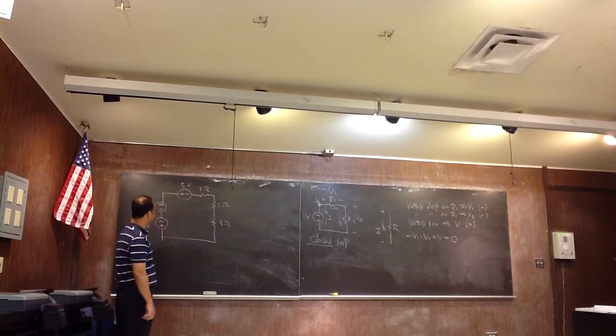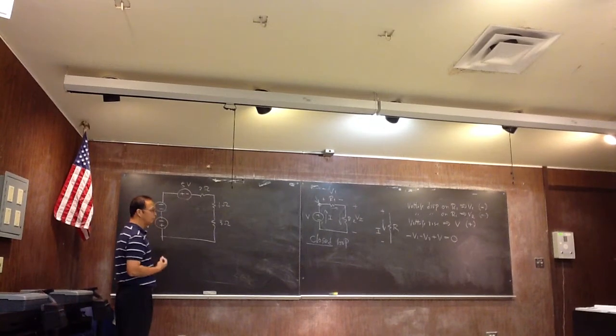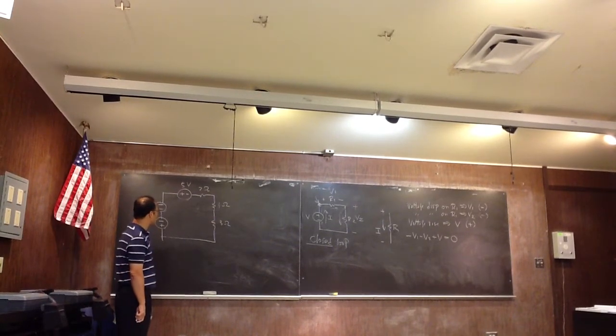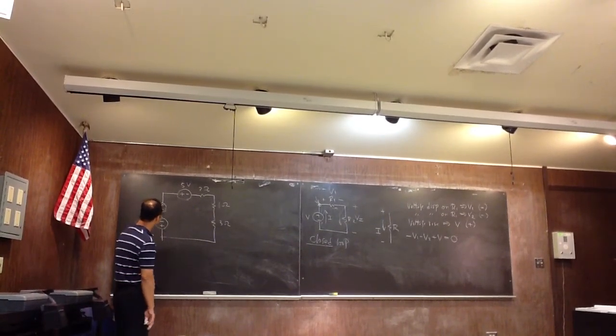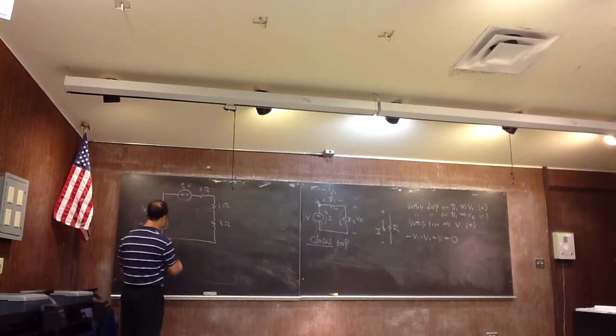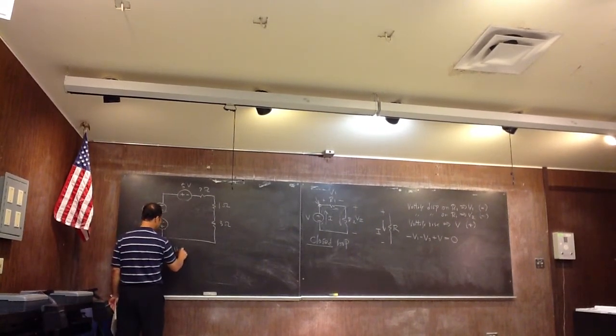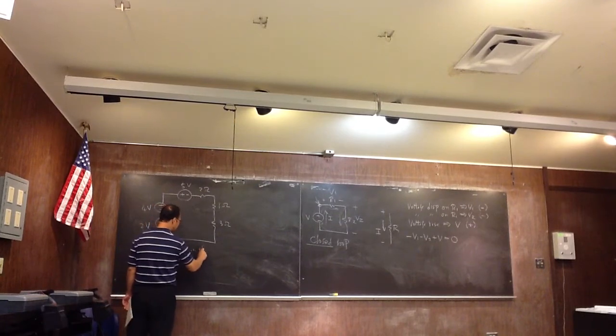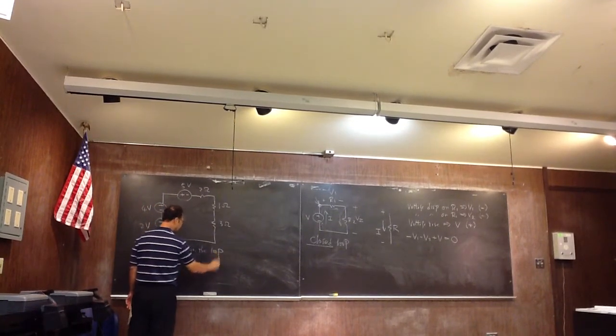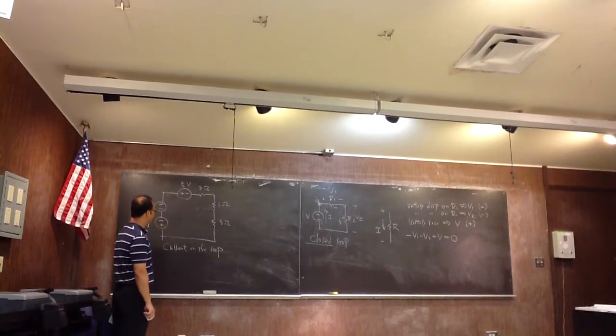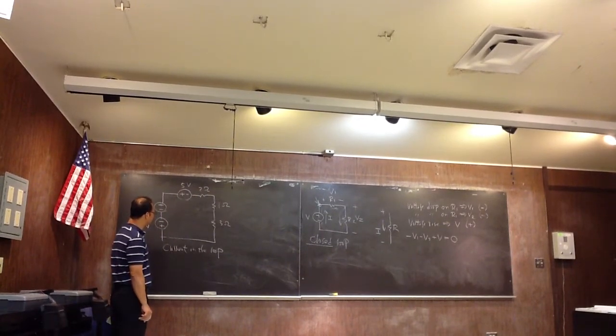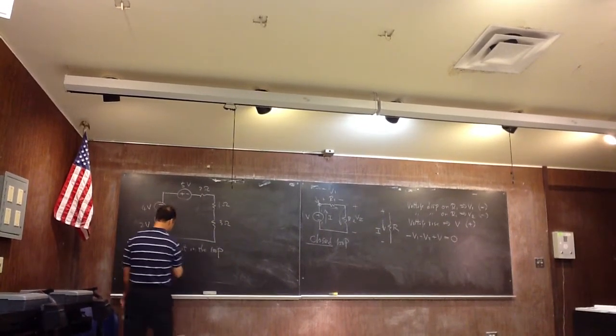So now we see we have a circuit that has 3 voltage sources and 3 resistors. I want to find the current in the loop. And also we can say I want to find out what's the voltage drop on the 3 ohm resistor.